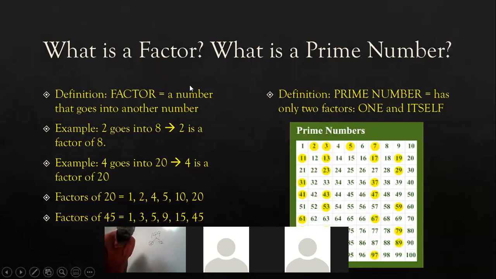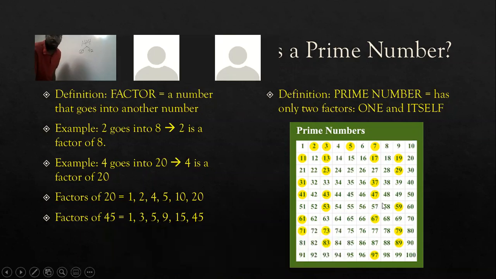I'm going to look and see, is 72 a prime number? 70, 71, 72. Nope, it's not a prime number. That means I can keep splitting it.